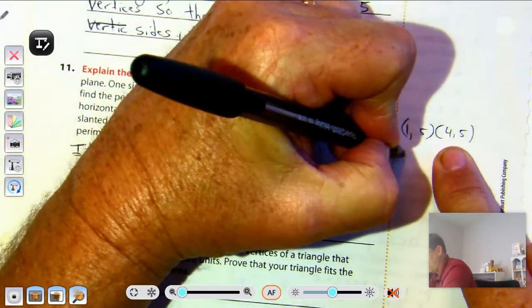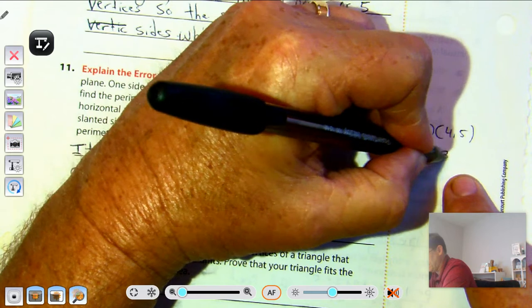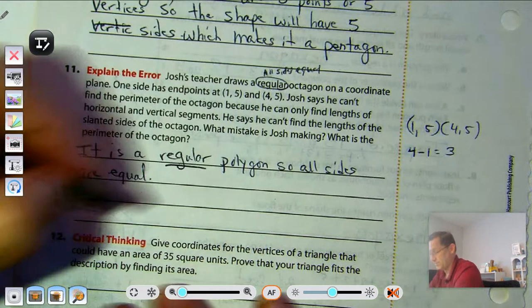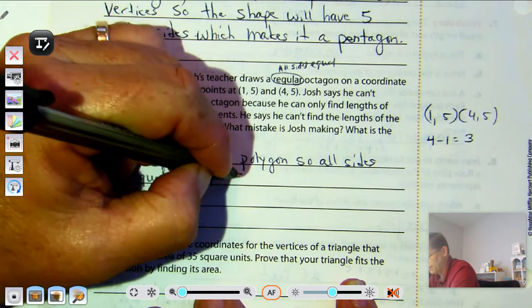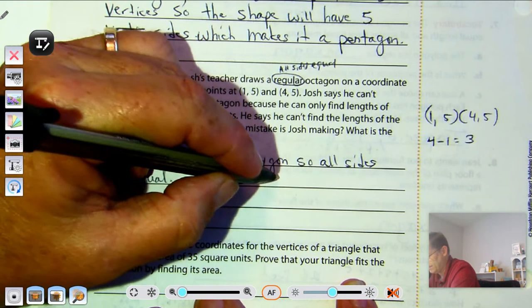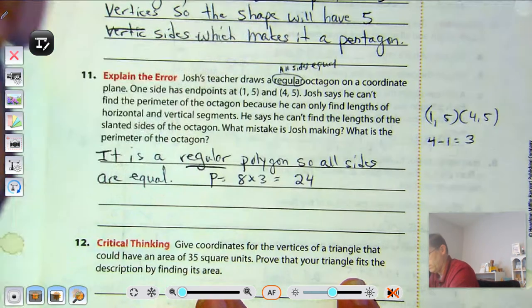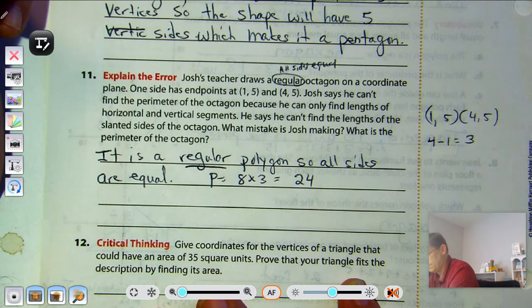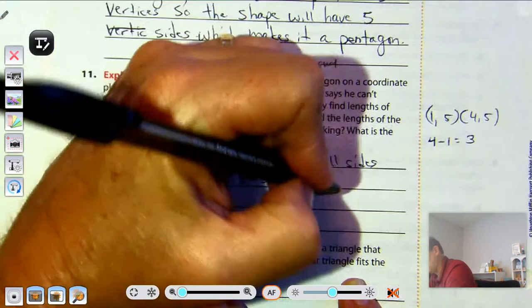So it's going to be 4 minus 1, which gives us 3. So the perimeter is 8 times 3, which equals 24 units.